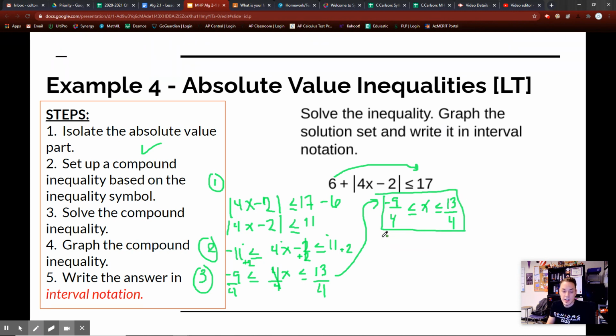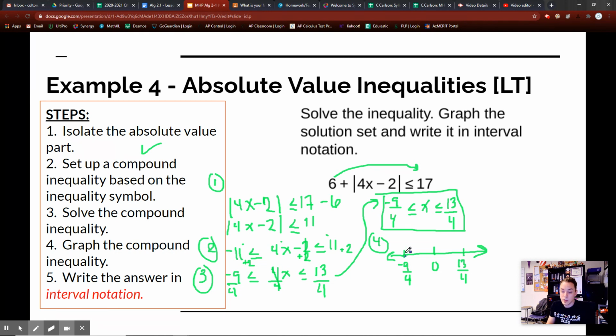Okay. Now let's do the graph. What does the graph look like? Well, the negative 9 over 4 goes first. I'm going to put 0 in between for reference because there's a negative and a positive, so I know 0 is in between there somewhere. This is 13 over 4.